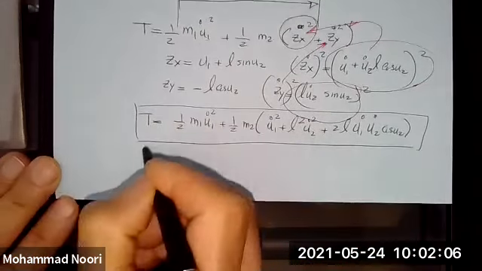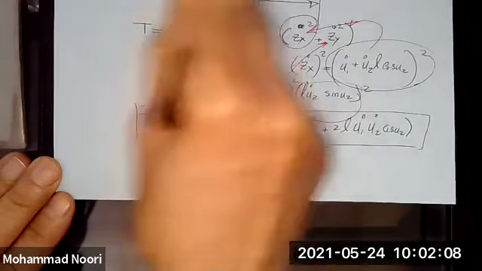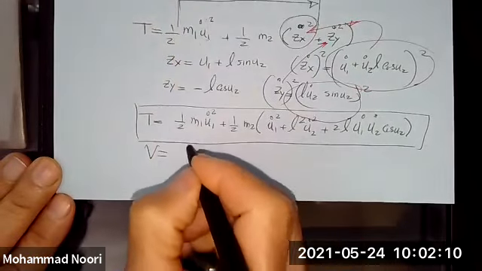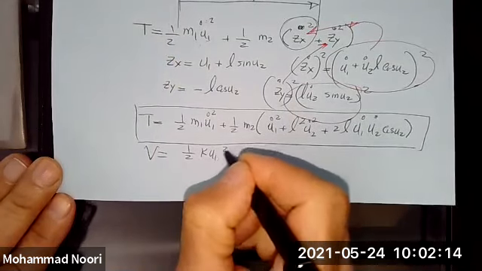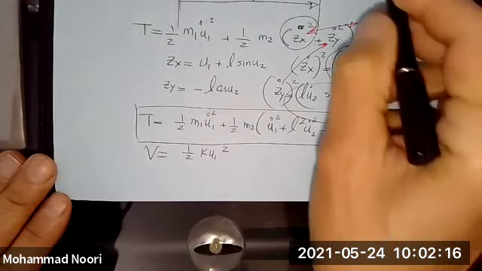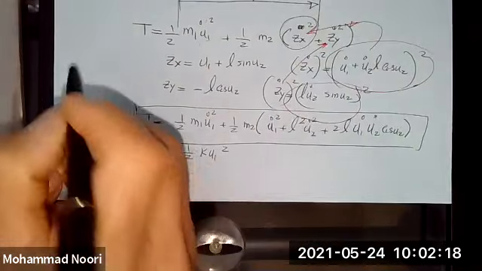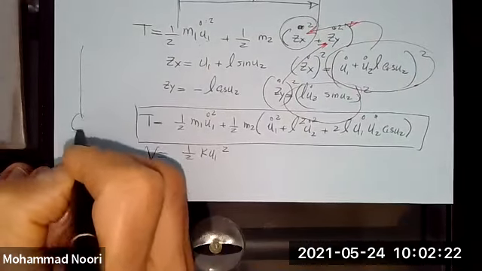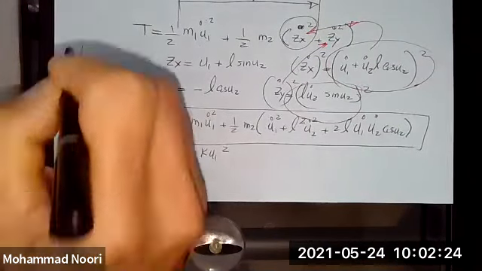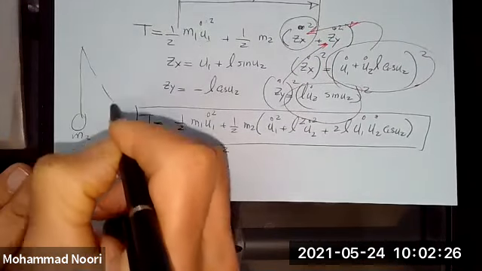How about potential energy? That's easy. You have just the potential energy of this mass, which is 1/2 K U1 squared. But how about for this pendulum? What is the potential energy of that pendulum? This is that mass 2 that has gone from here to here.